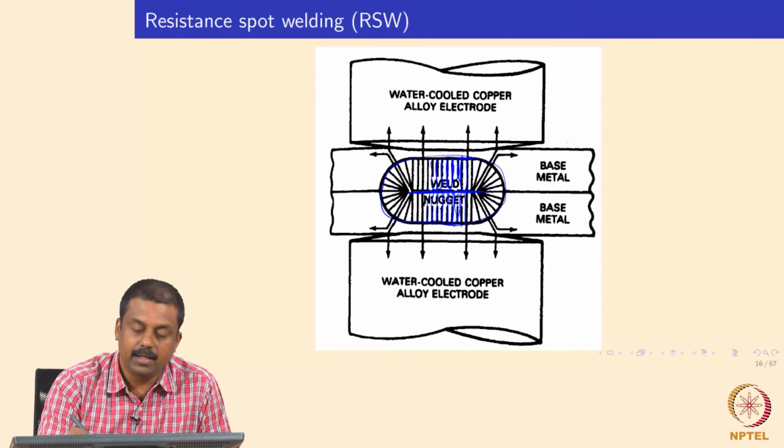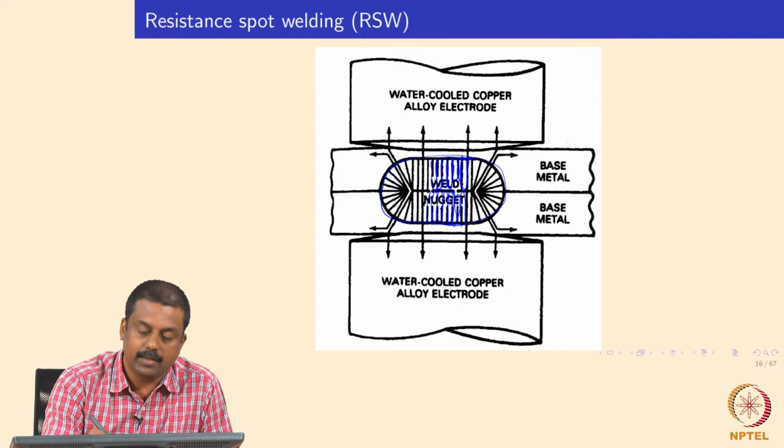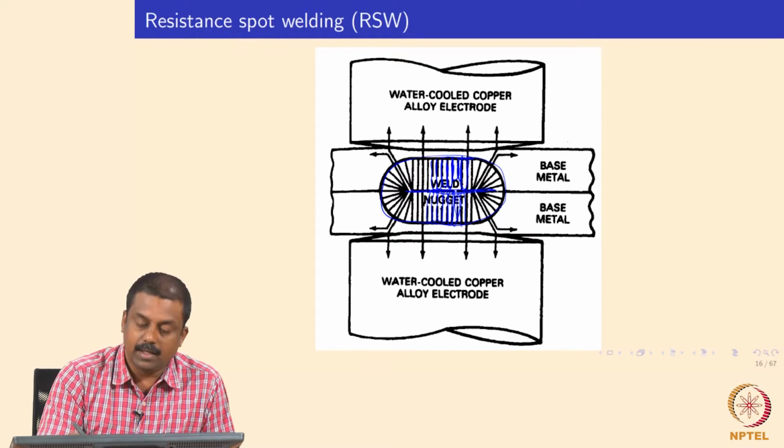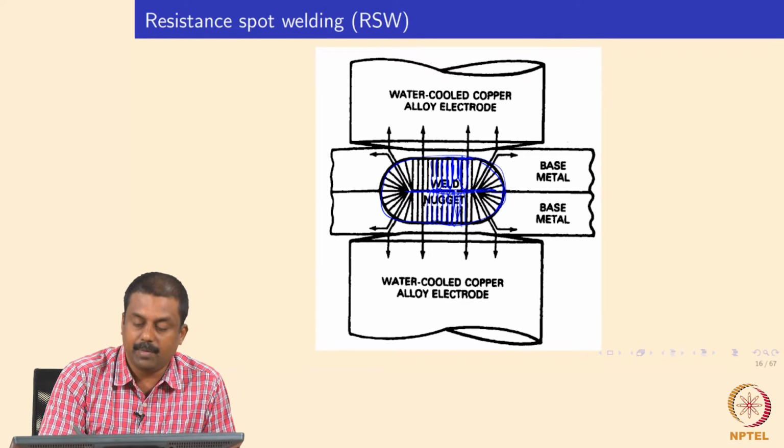Because of that, these boundaries and the weld center line become enriched in alloying elements, making them very brittle. Apart from the segregation and the columnar solidification, at this location you also have a weld boundary and unwelded sheets, which act as stress risers.